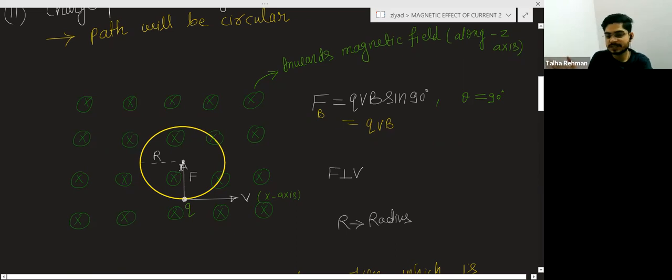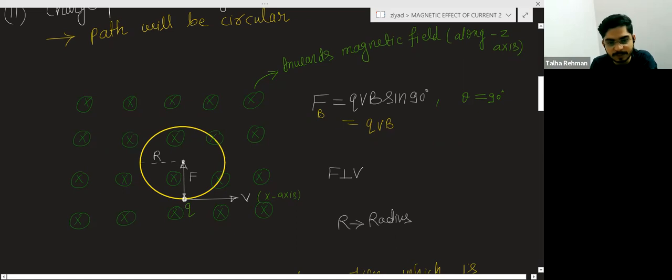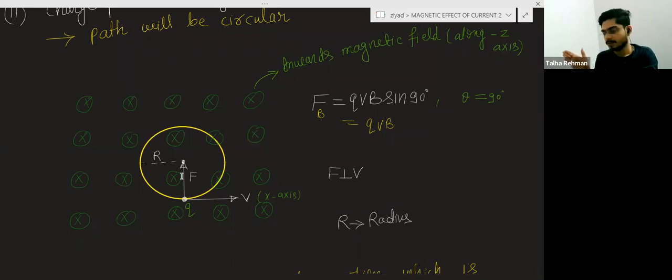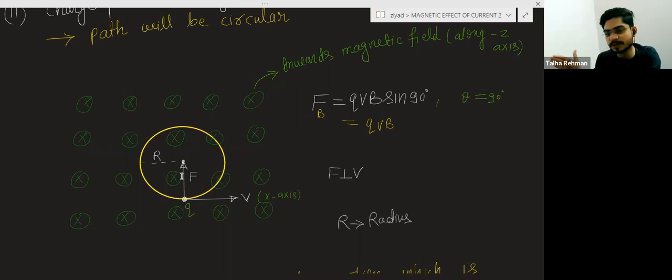How? Just what you should do. If you want to find the direction of this force, I think in the last class I have told you how to find the direction. So for finding the direction of the force on this charge particle, point your four fingers along velocity and curl your four fingers towards the direction of magnetic field.